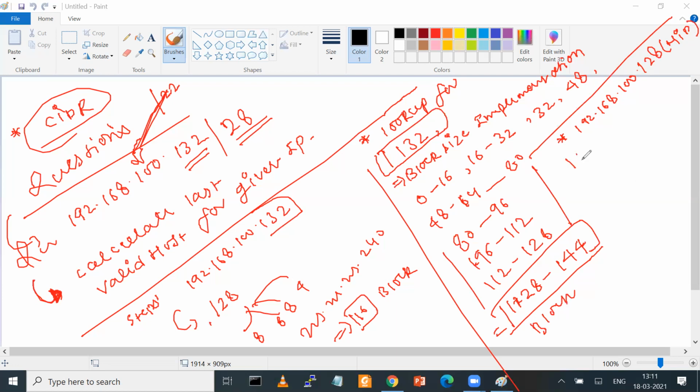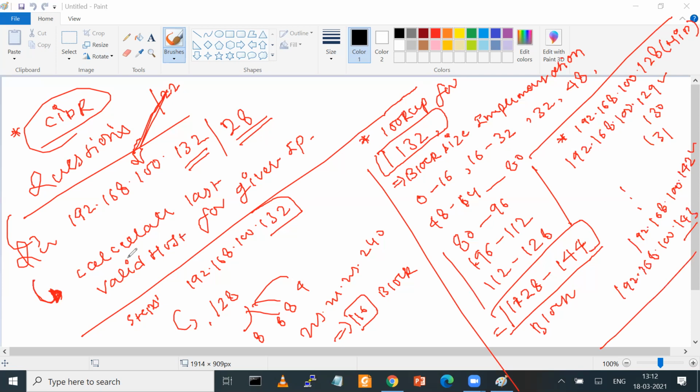First valid IP will be 192.168.100.129, 130, 131, and so on, until 100.142. That's my last valid host. 192.168.100.143 is my broadcast IP.